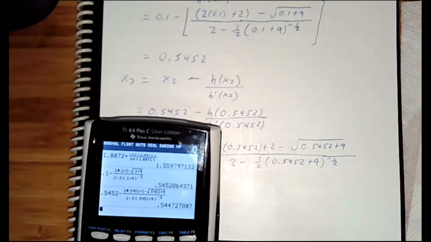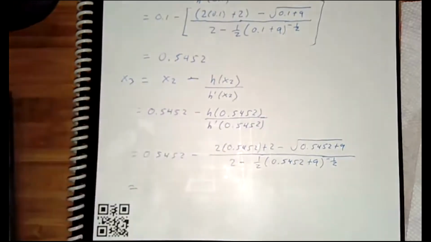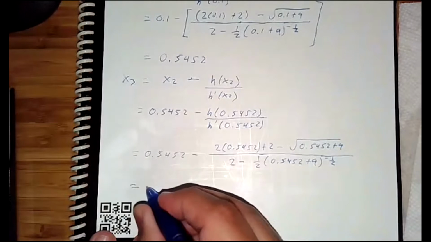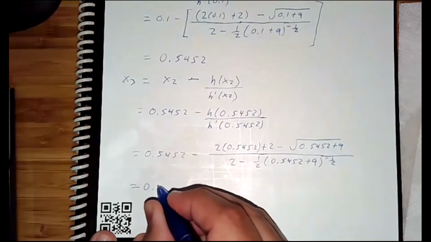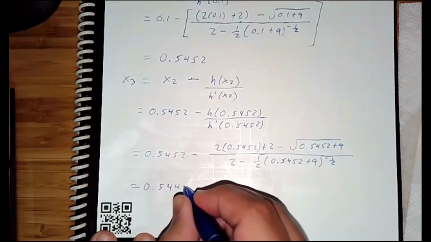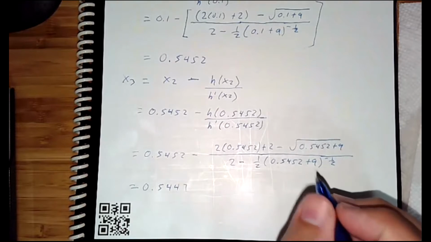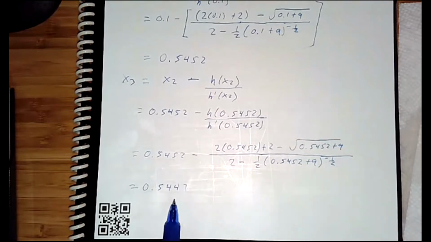Okay. So what is the difference here? Looks like X3 is 0.5447. So it looks like it only changed by 0.001.